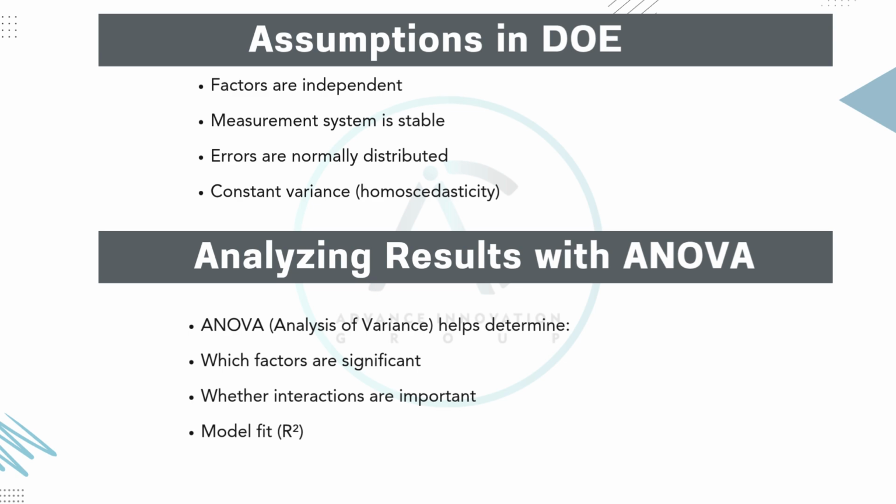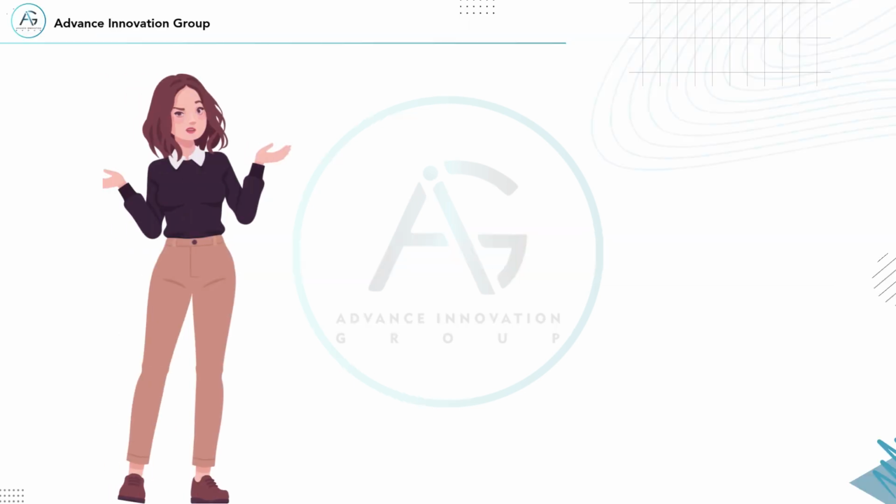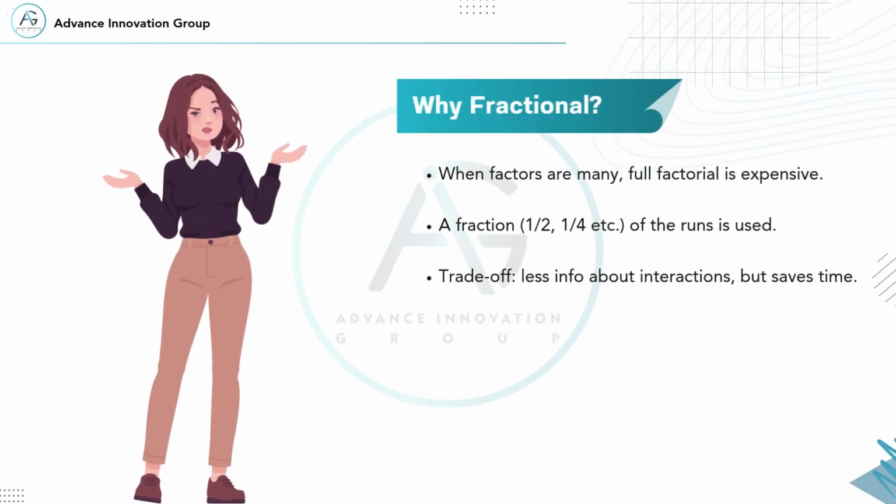When we have many factors to test, running a full factorial experiment can become very expensive and time-consuming because the total number of runs grows exponentially. To manage this, we use a fractional factorial design, which means we run only a fraction of the full set of experiments, like half (1/2), a quarter (1/4), or even less.